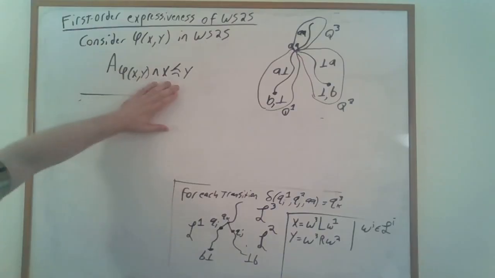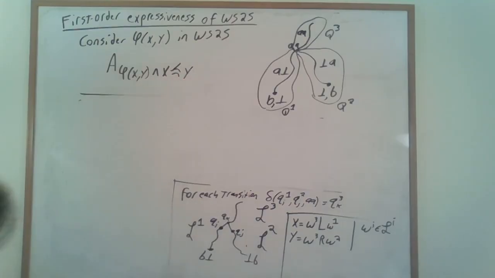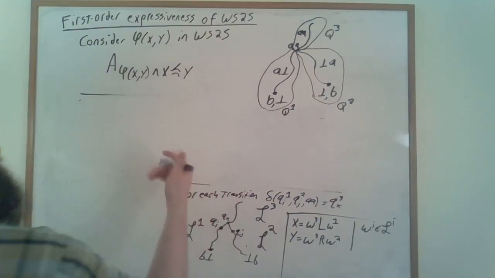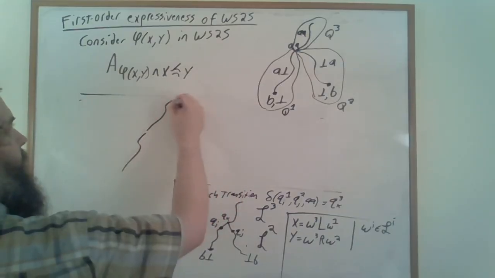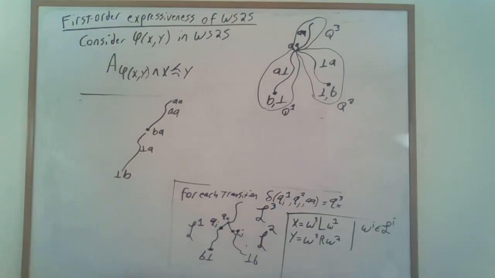And of course, we have to look at the other templates. What happens if we're just restricting our attention to cases where x is a prefix of y? Our tree words representing these sorts of things are going to look like single branches where it's As for a while, followed by a BA.